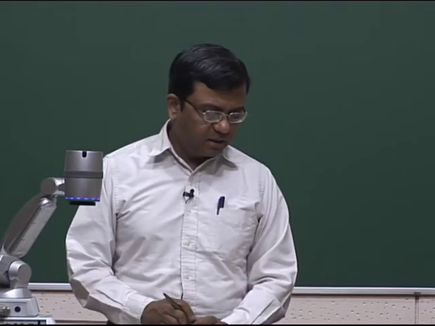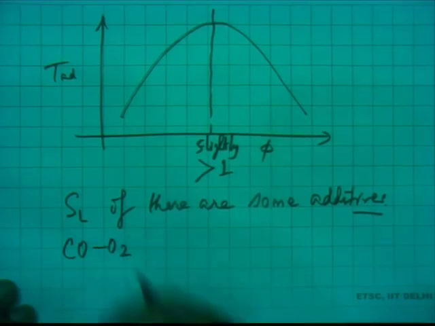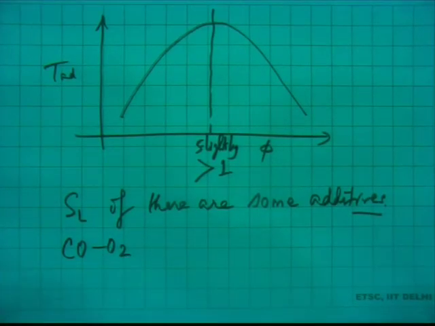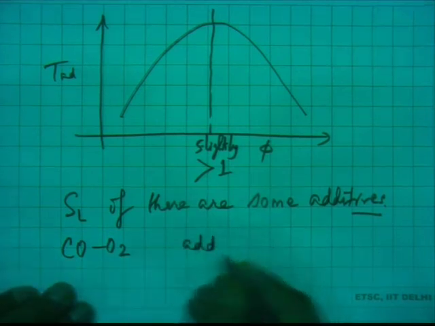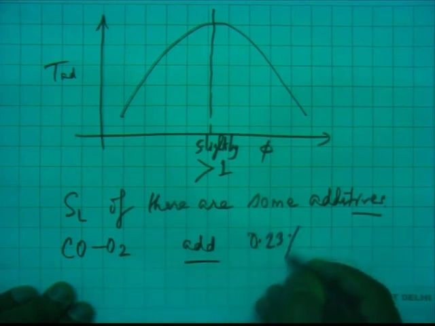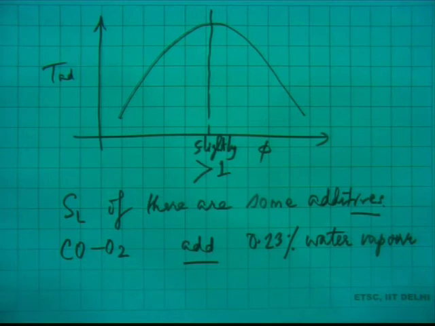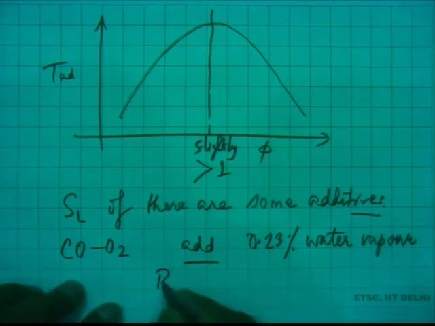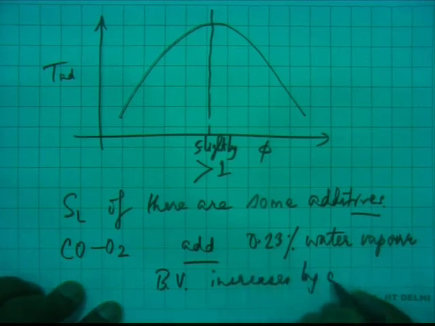So, the data that I have is that if you have a CO-O2 mixture that is absolutely dry, and to this CO-O2 mixture you add 0.23% water vapor, the burning velocity increases by a factor of 8.